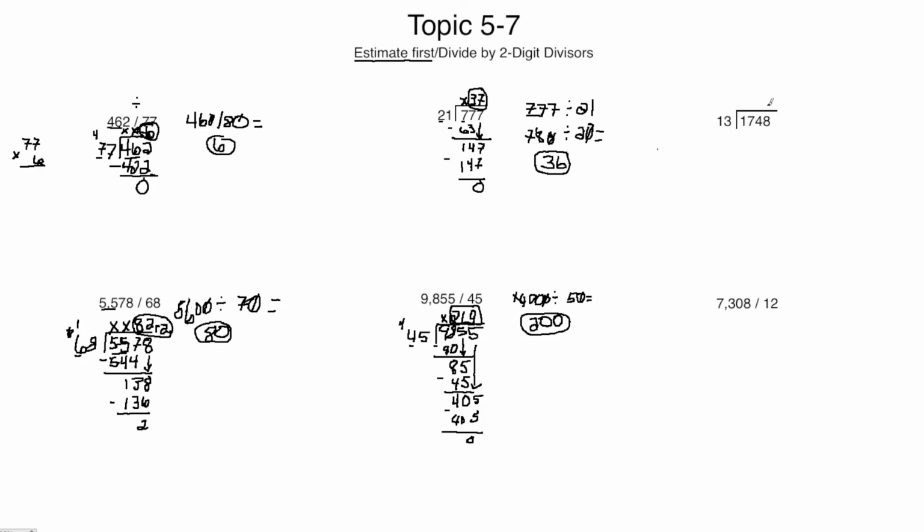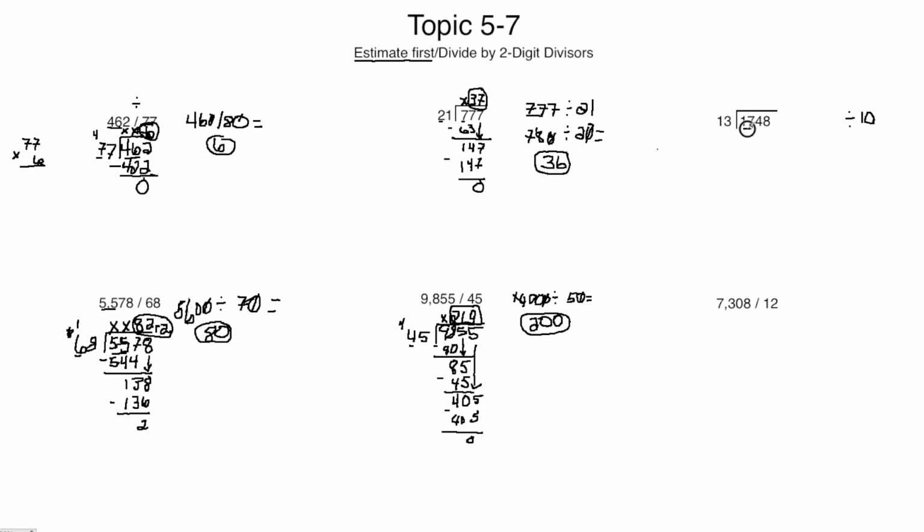Okay, on this second to last problem, go ahead and estimate it first and then find the actual quotient. Okay, so 13, I'm going to estimate, we can estimate it to 10. And we're going to divide it.